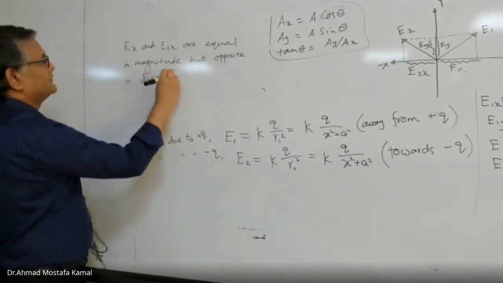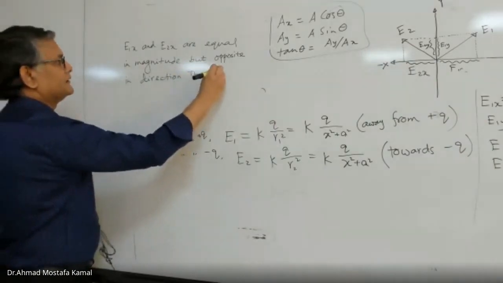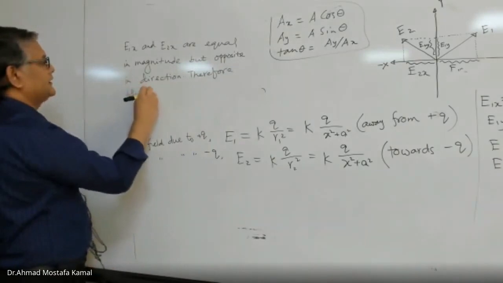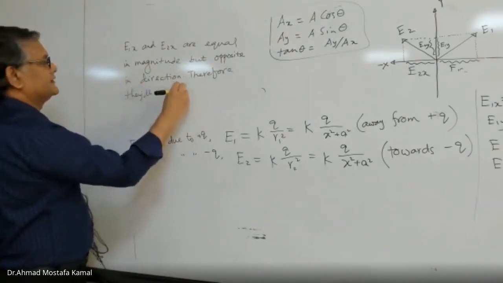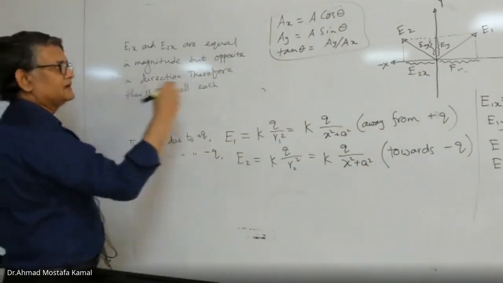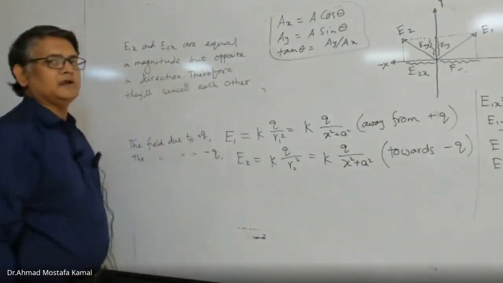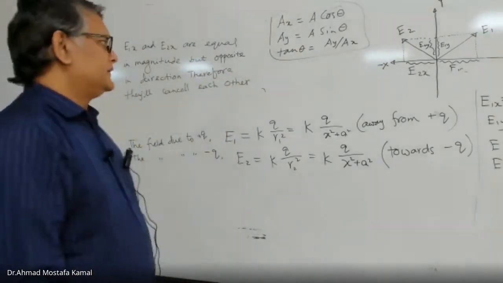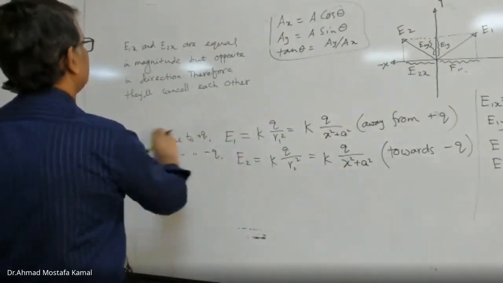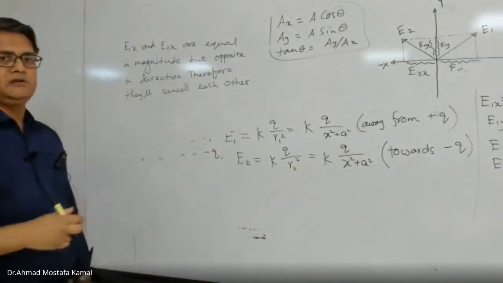Therefore they will cancel each other. Ultimately, if you add them, that will be 0 because they are equal but opposite in direction. So if you take the difference, because opposite, therefore you have to take the difference. So this is about e1x and e2x.